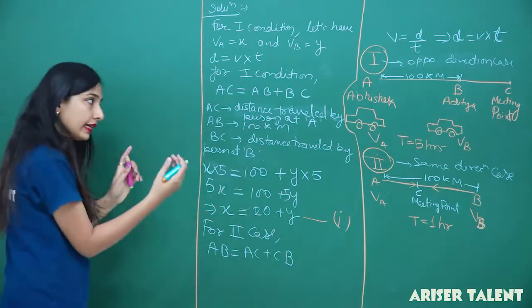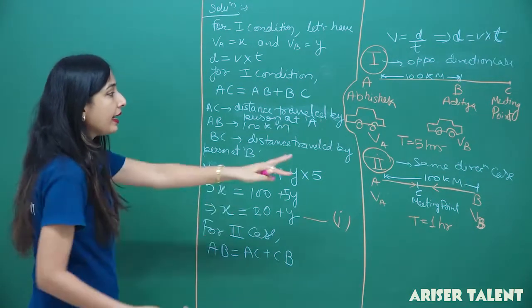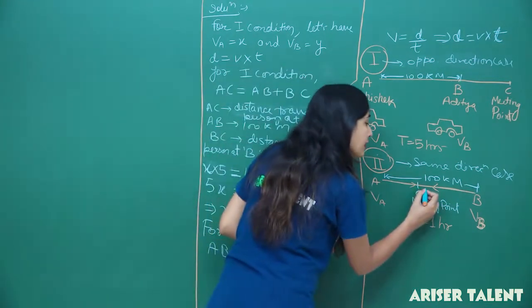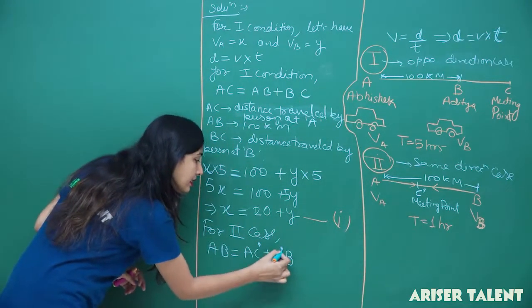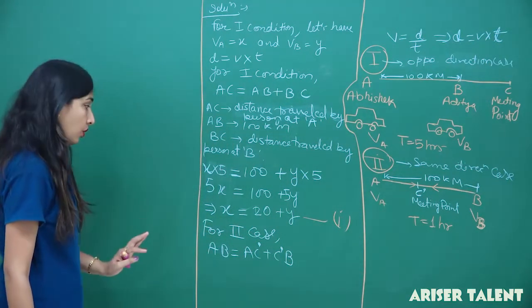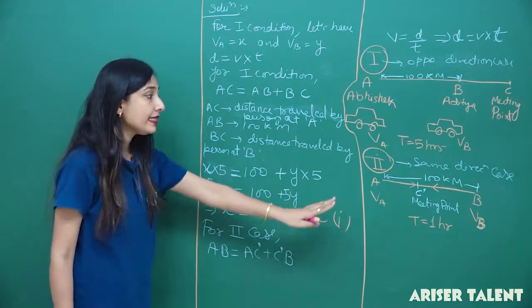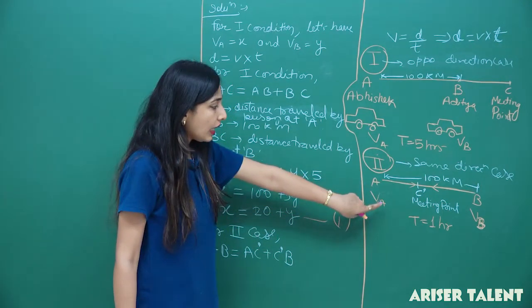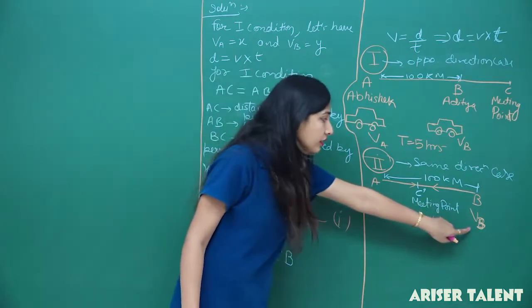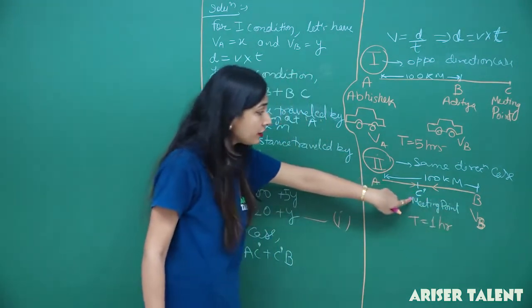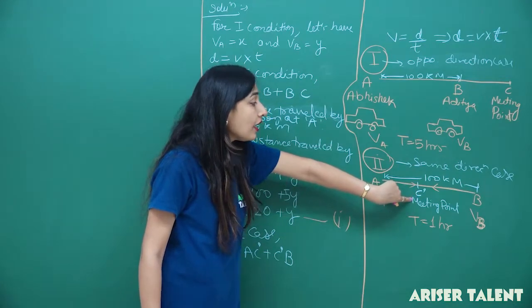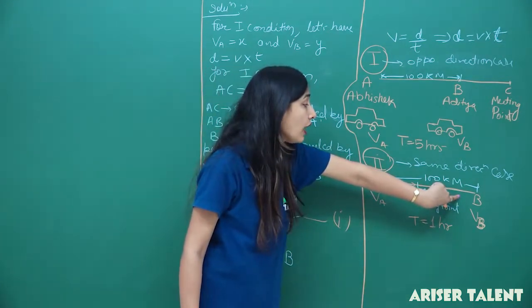Or can I just bifurcate it by creating this C as C dash? So if this is C dash, that will be C dash here. Now, what is AC dash? Abhishek was there and Aditya was there. So Abhishek travelled this much and Aditya travelled this much.